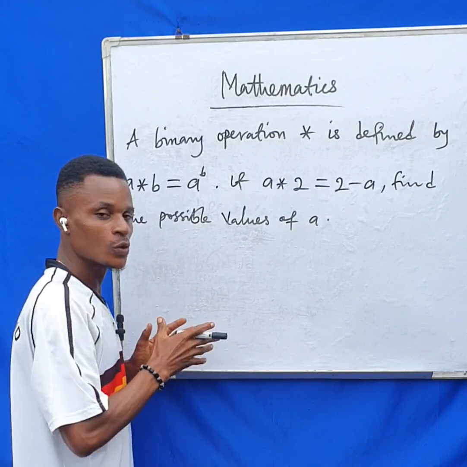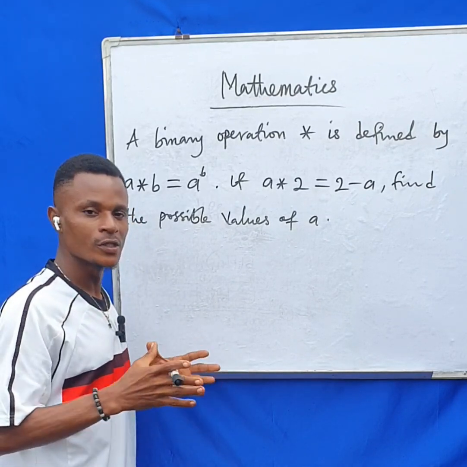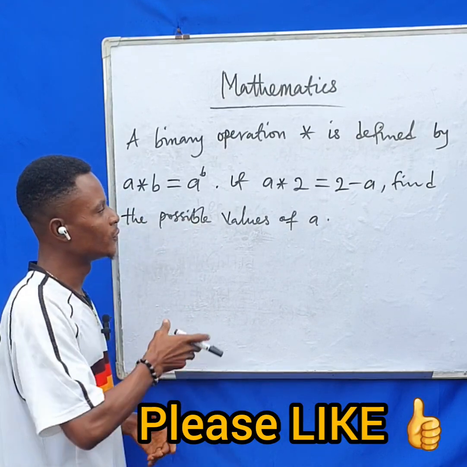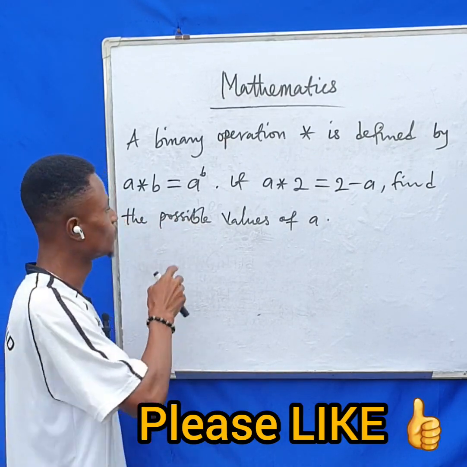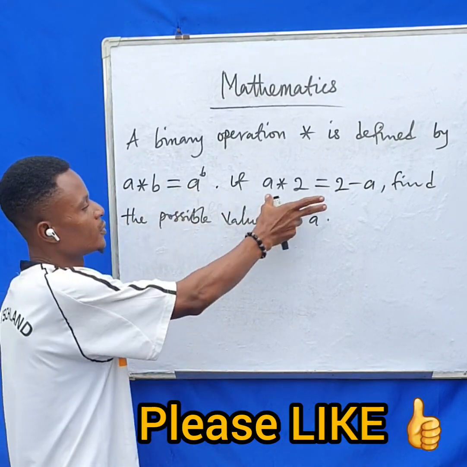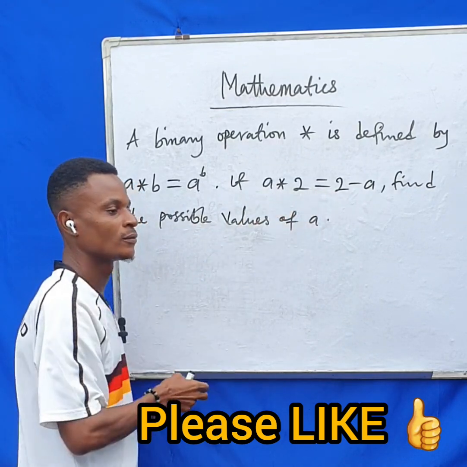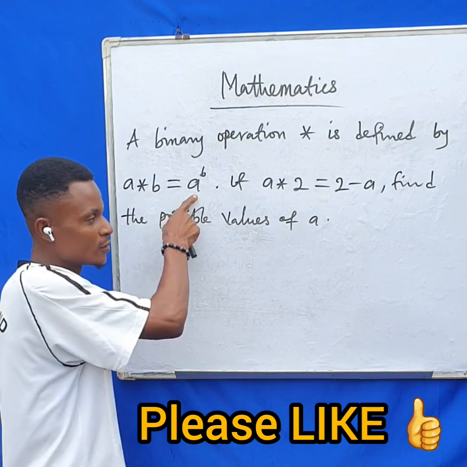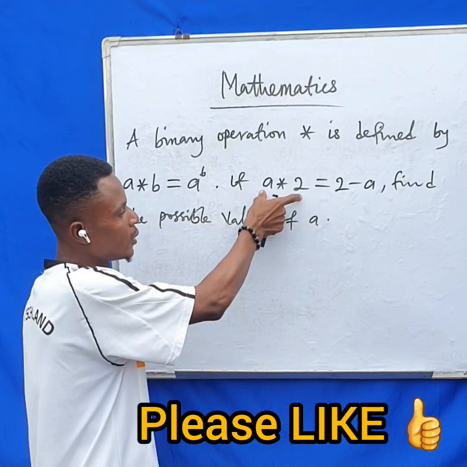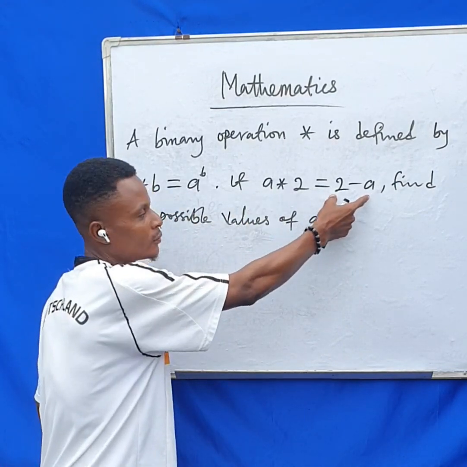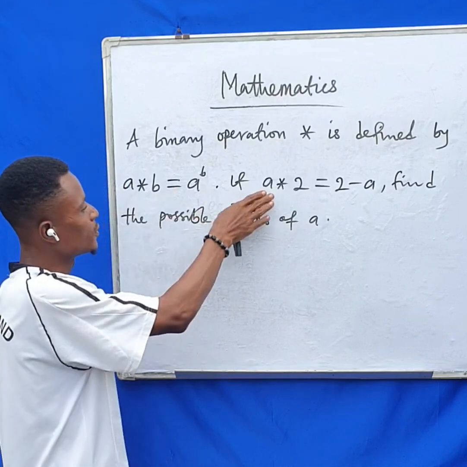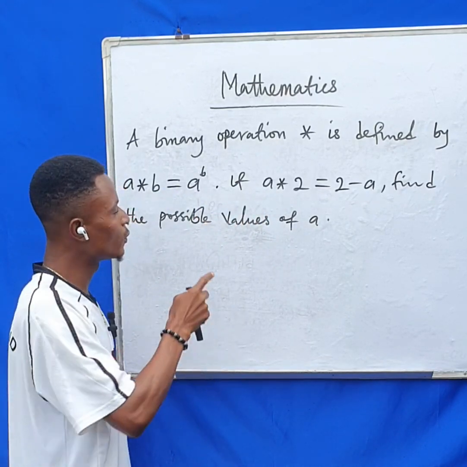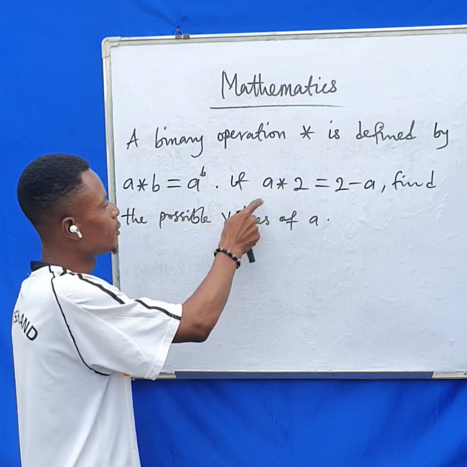For you to solve this question, first of all, there is something you need to understand here. If you look at this, you notice that this statement has two parts. This is the first part and this is the second part. The first part has a left-hand side and a right-hand side. The same is true for the second part. The left-hand side of the two statements is for comparison.